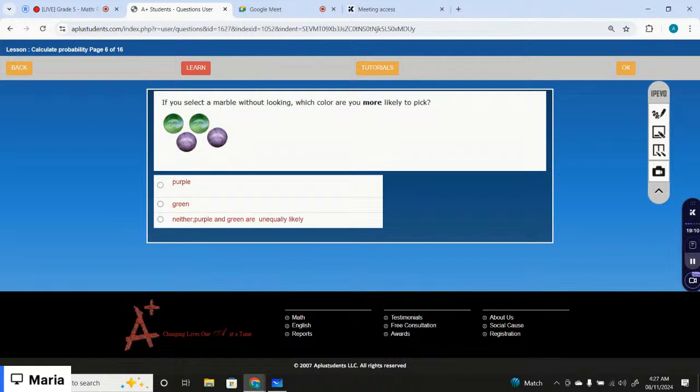Equally likely, right? Because you have the same number of purple and green marbles. Okay, you can complete the lesson by yourself later today. Let me just move on to the next lesson.